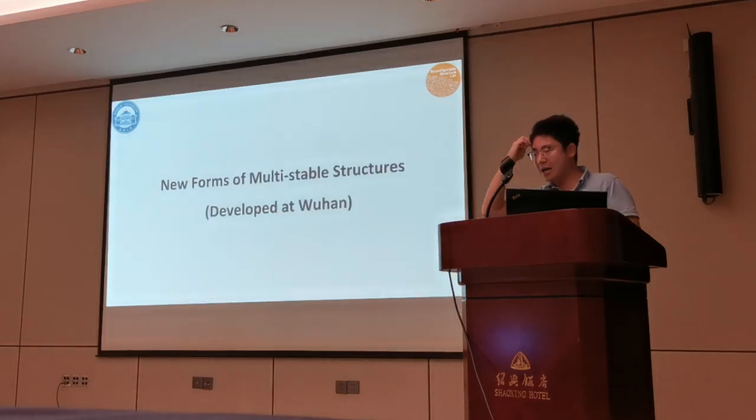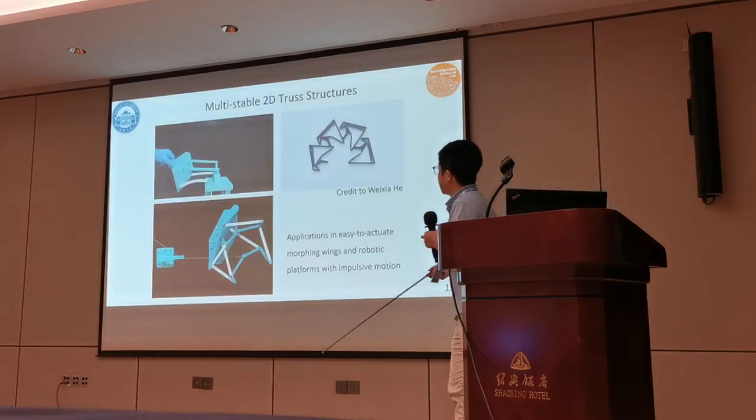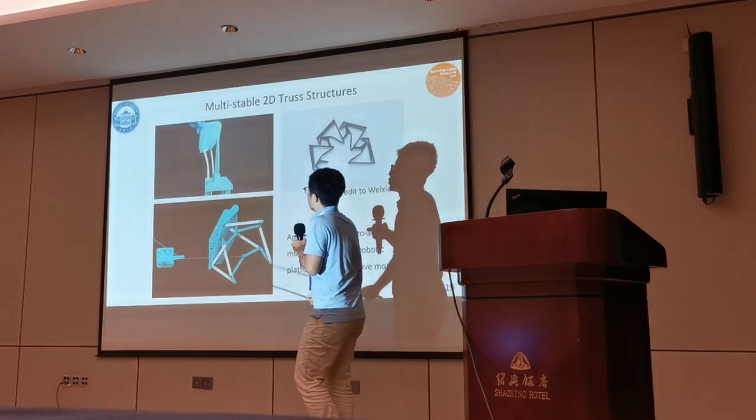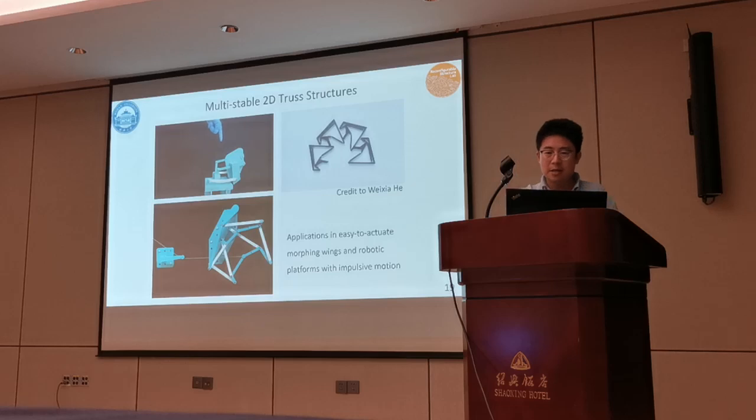So I carried on this topic of multi-stable structures to try to tackle that problem. Here are some preliminary videos. You can see this one is a 3-stable structure, and noticeably it can be more stable.